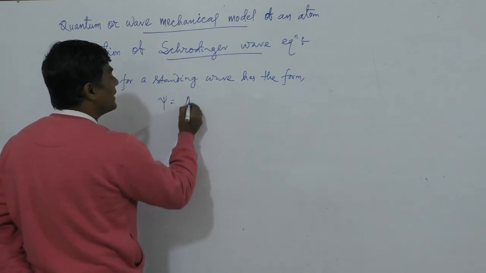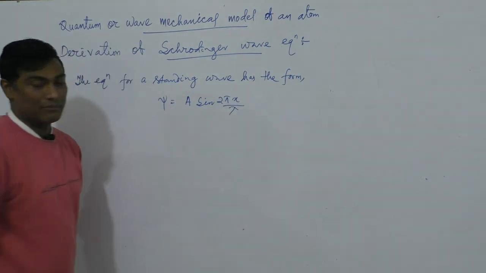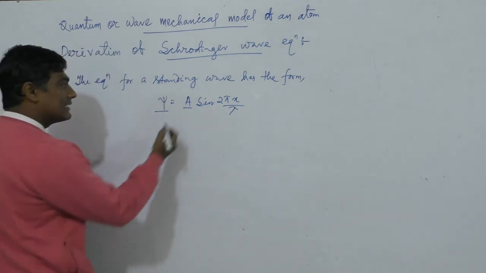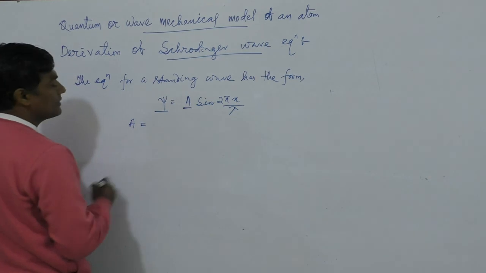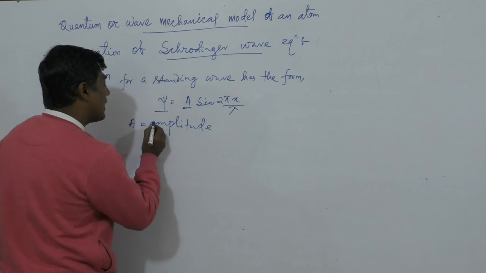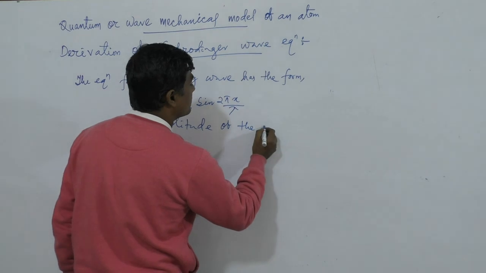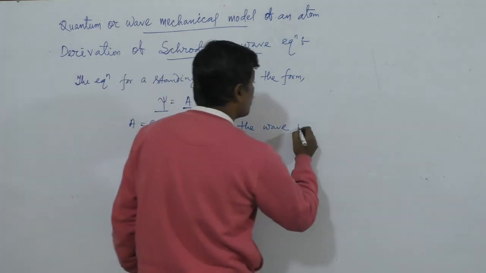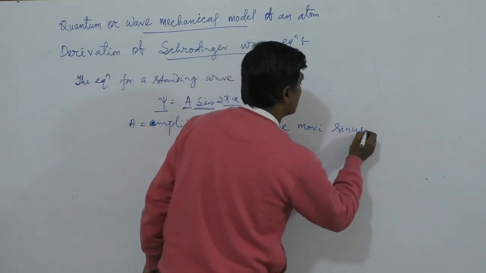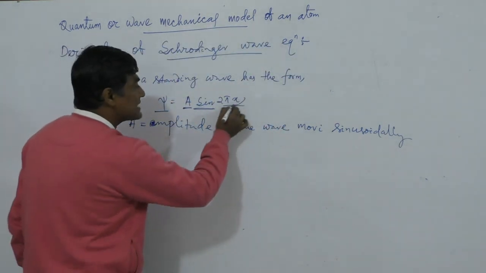psi is equal to A sine 2 pi x by lambda. What is this? This is the wave function, and this A is the amplitude of the wave moving sinusoidally in which axis?